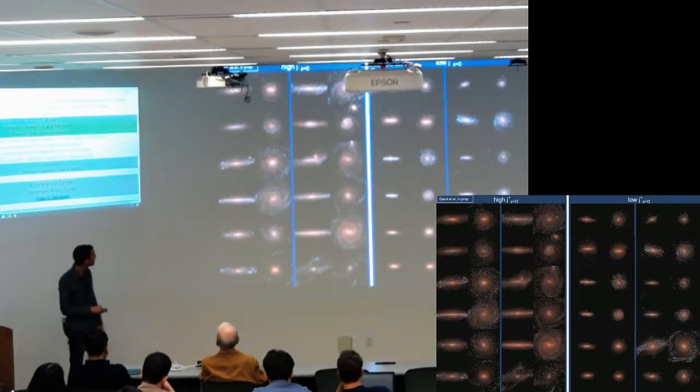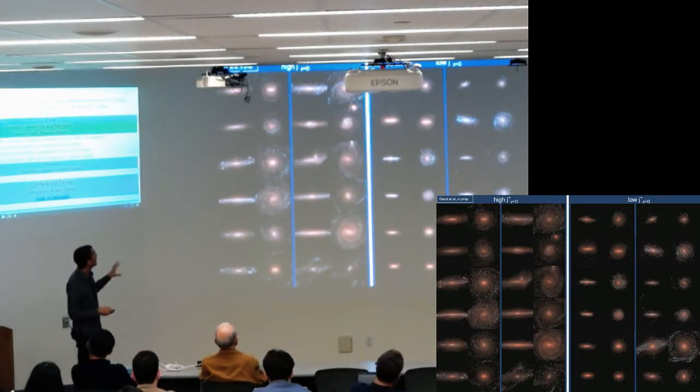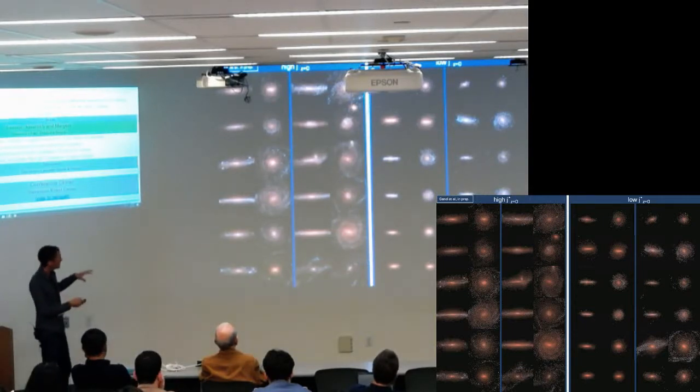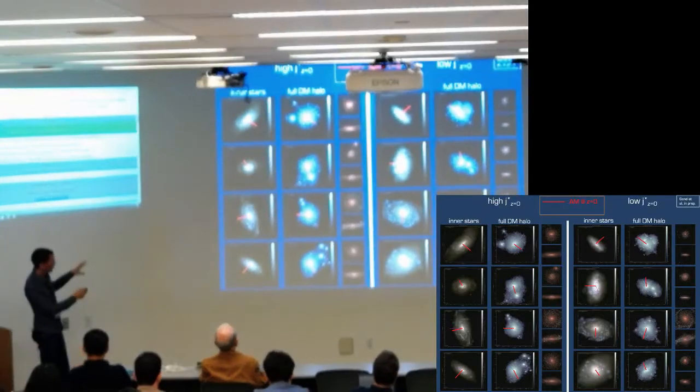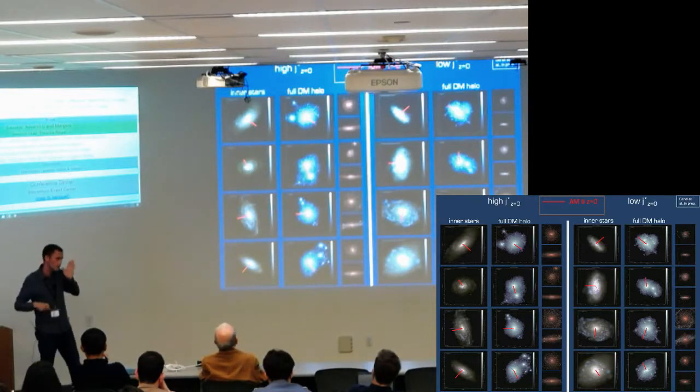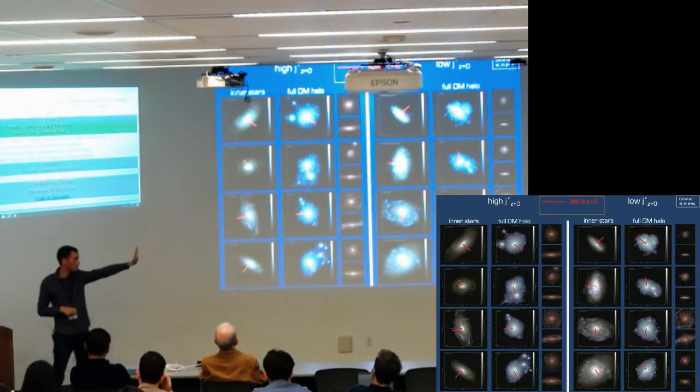Now, on each side of this slide, I'm going to take 4 examples and show an image of the stars in the inner part, within 10% of R_vir, and of the full dark matter halo, just from a random projection along the box.